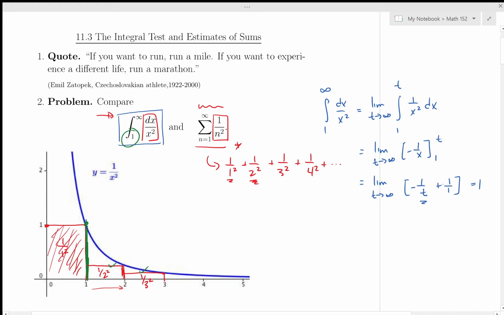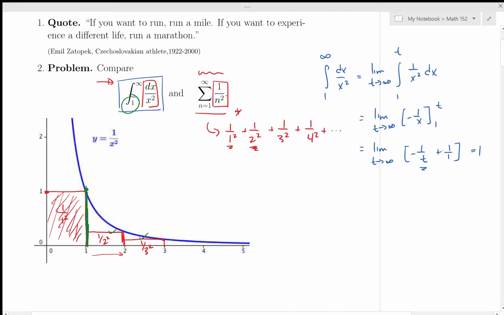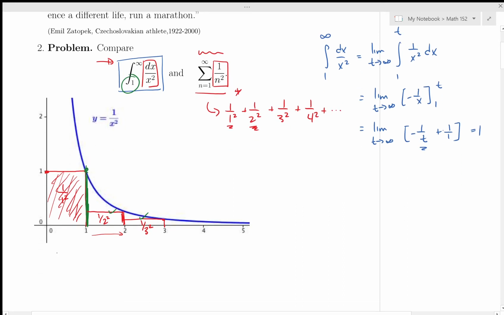We just have 1 square here of area 1. This isn't going to affect the finiteness of the situation. So what I'm saying here is that 1 over 1 squared plus the integral from 1 to infinity of dx over x squared is equal to 2, because we evaluated that to be 1. And we know that is greater than the sum from n equals 1 to infinity of 1 over n squared.